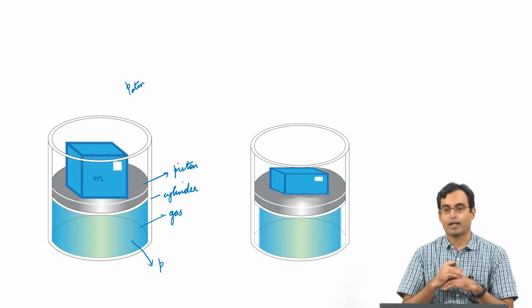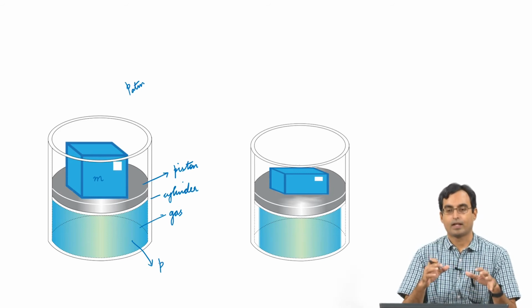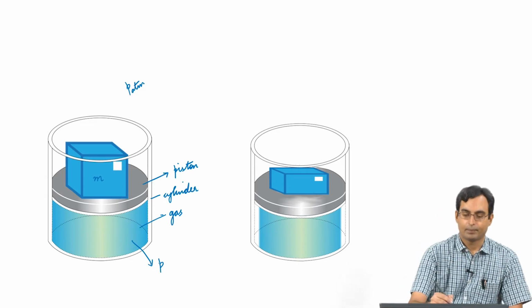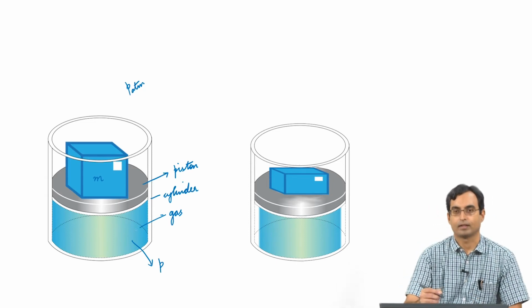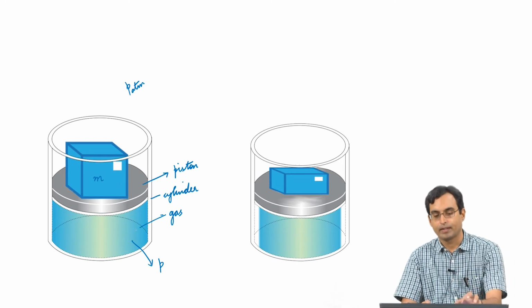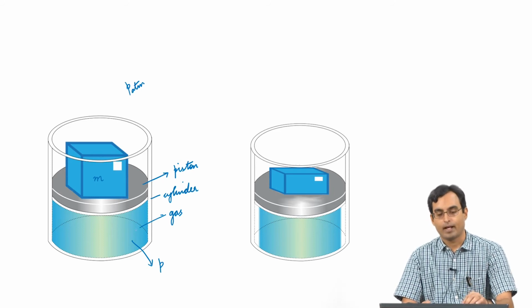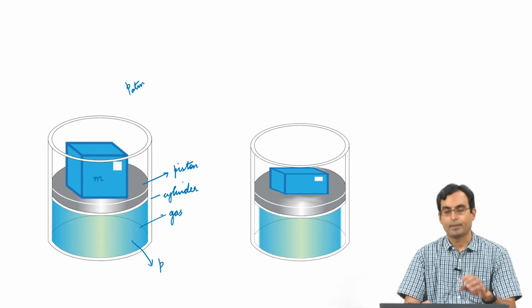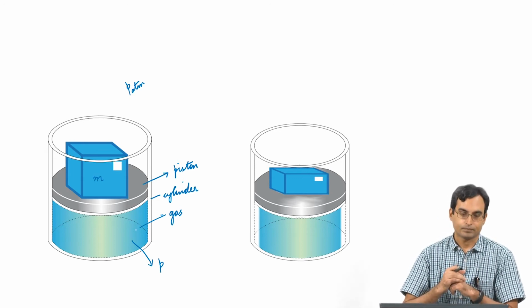This piston does not have any mass, it does not have any friction, so it is free to move. So, this piston would move until the pressure inside became atmospheric. The gases inside would expand, the piston would move up. We are assuming that the cylinder is tall enough that the piston would not jump out. The volume of the system will expand and the pressure inside would become atmospheric.